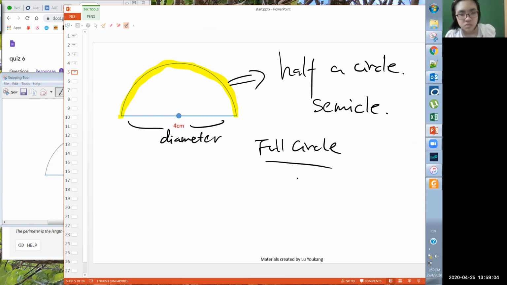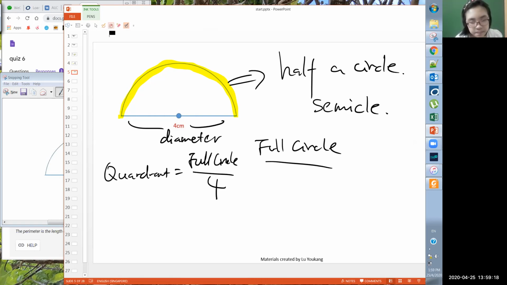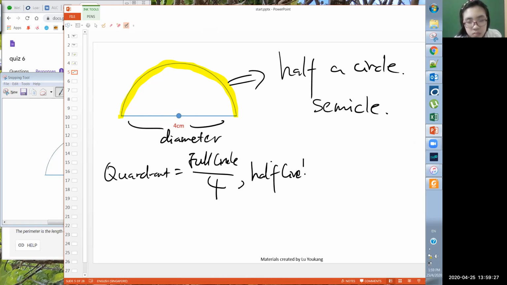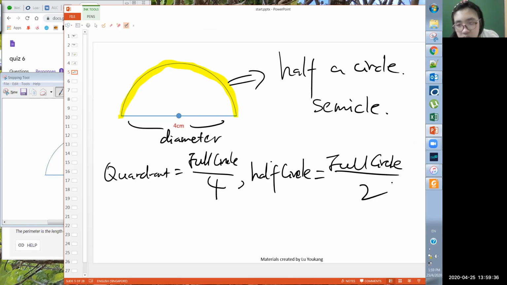Which value? Divide by 4? Quadrant is full circle divided by 4. But this is a half circle, right? So is it full circle divided by 4 also? No. Then divide by what? 2. Yes.